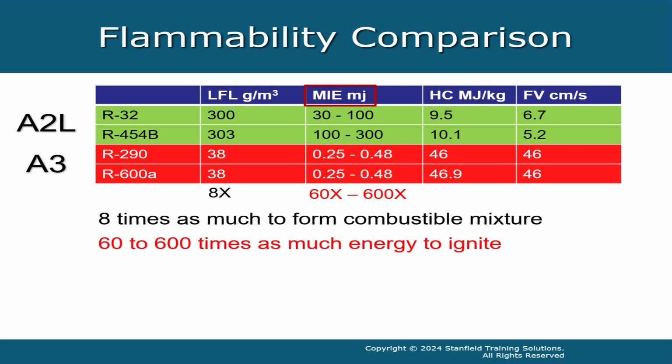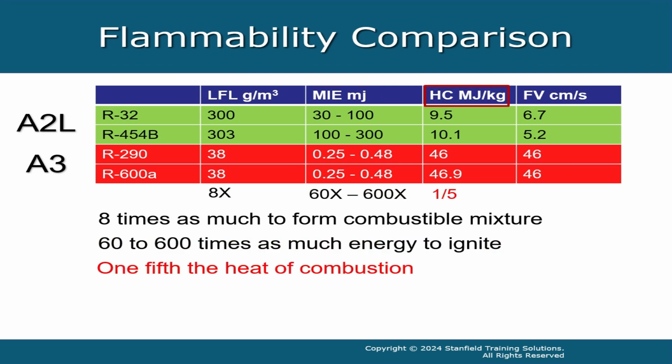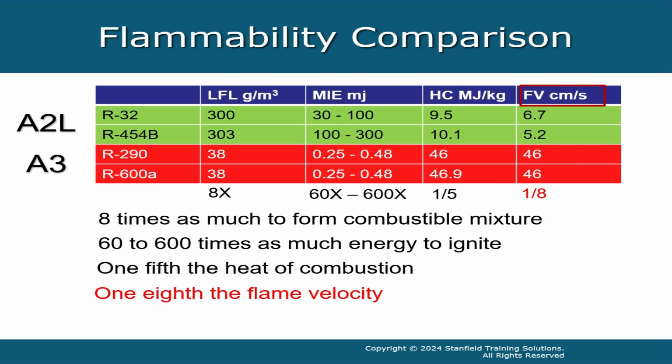It takes up to 600 times as much energy to ignite an A2L mixture as compared to an A3 mixture. When they do burn, the A2L refrigerants make only 1/5 the heat of combustion as compared to the A3 refrigerants. And finally, the A2L refrigerants have only 1/8 the flame velocity compared to the A3 refrigerants.